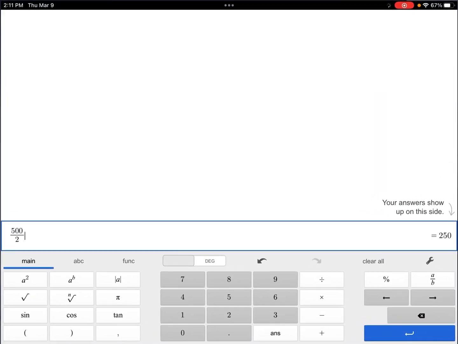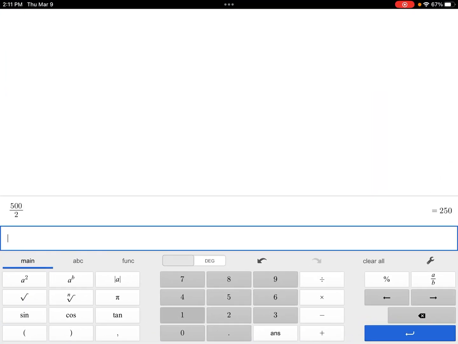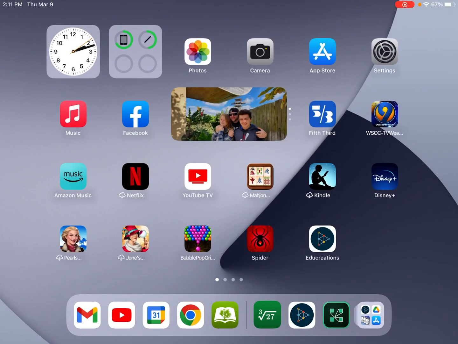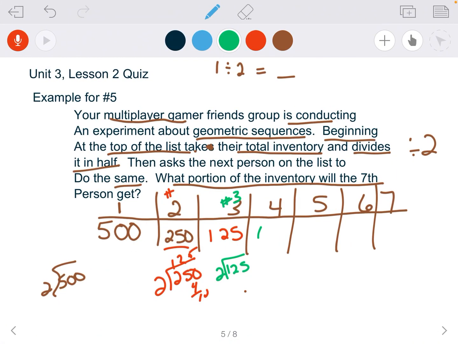This is an odd number, so I'm going to use the calculator on this one. 125 divided by 2 gives me 62.5. Then player 4 takes 62.5 and divides it by 2.